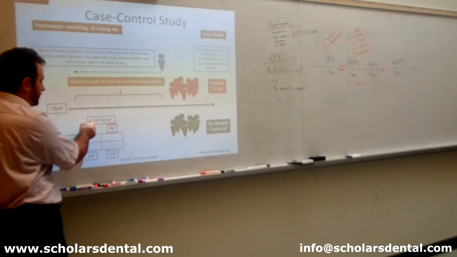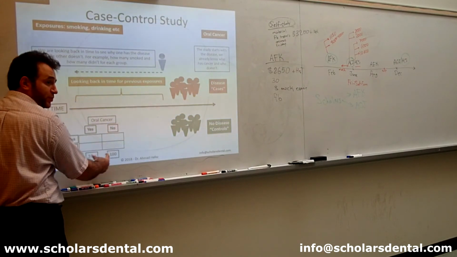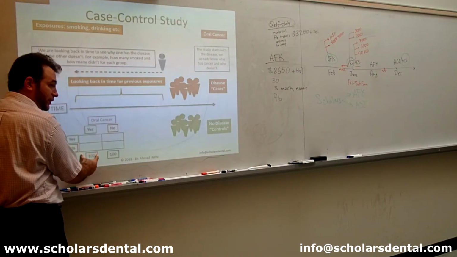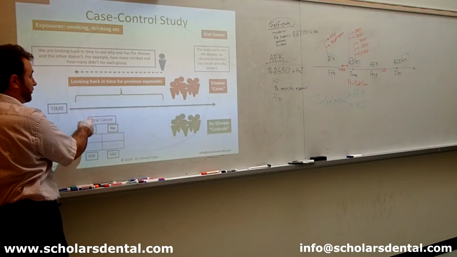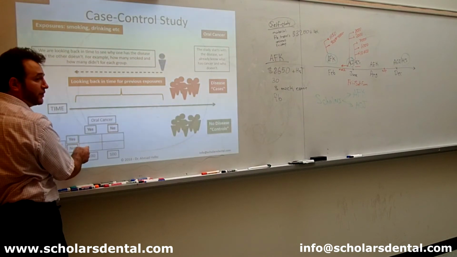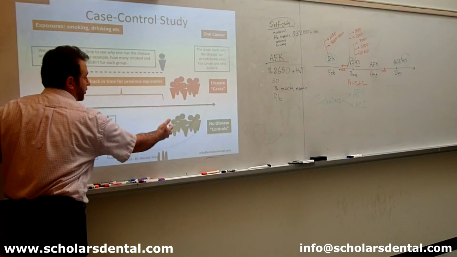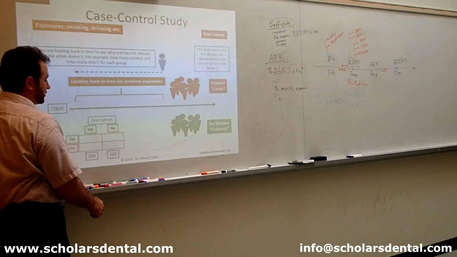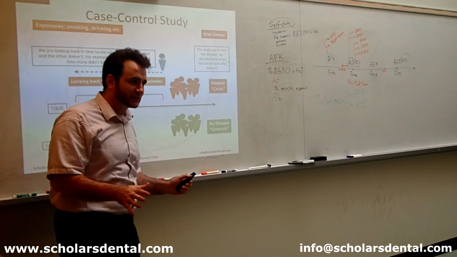So the people that have oral cancer, how many people of them smoke? Let's say we have 100 in each group. You guys with me? So we have 100 in this group and 100 in this group. So the people that have oral cancer, 90 of them smoked, and let's say 10 of them didn't smoke. And the people that don't have oral cancer, 20 of them smoked and 80 didn't smoke. Let's just say that. Okay, this is an example.